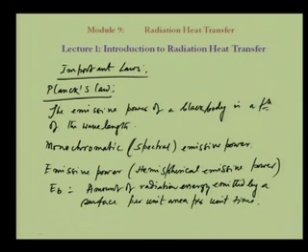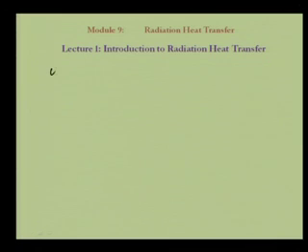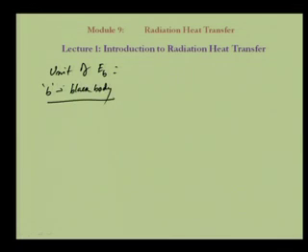And therefore, the unit of EB, emissive power, where B indicates black body. So, we are talking about the black body emission. So, for emissive power of the black body, the unit will be equal to watt per meter square. Watt means joule per second. So, the time is taken care of in this.